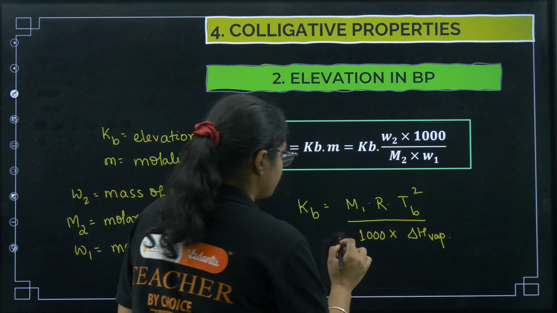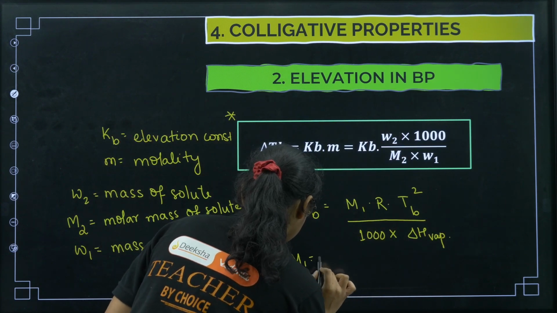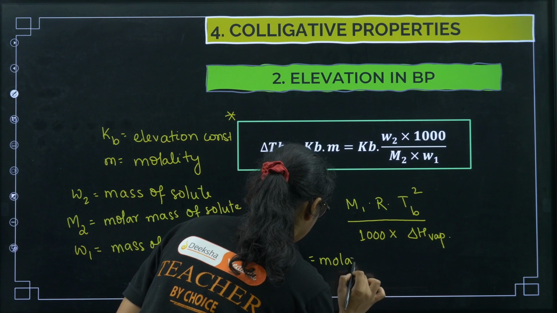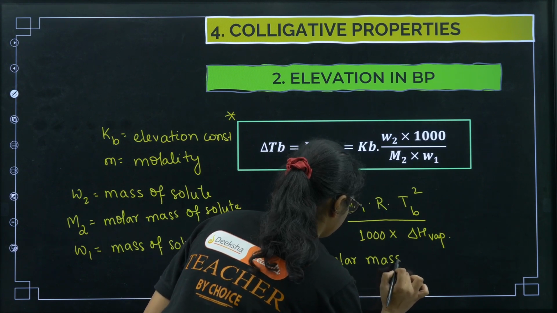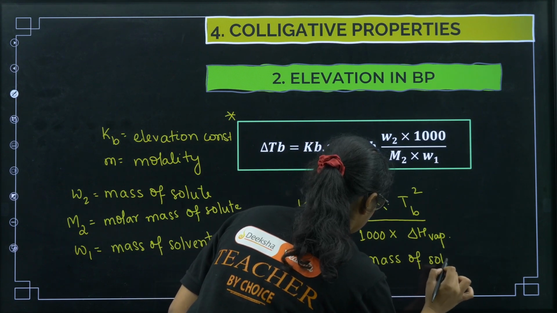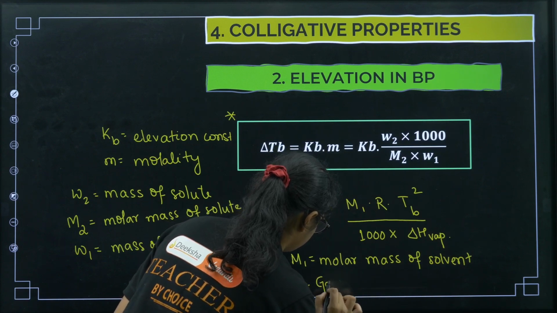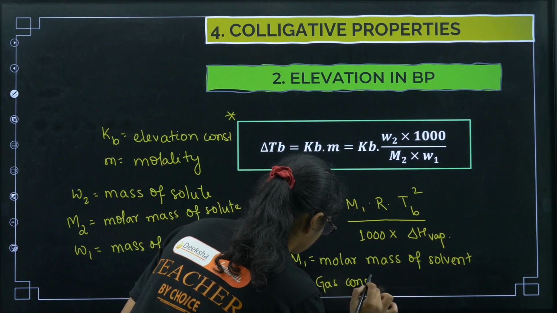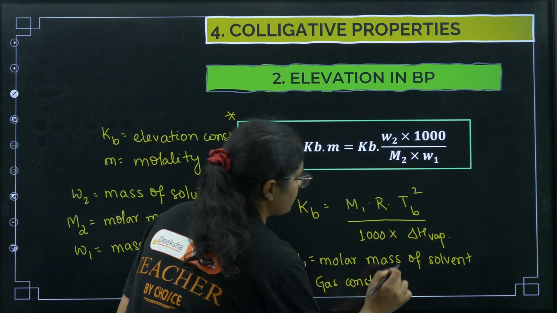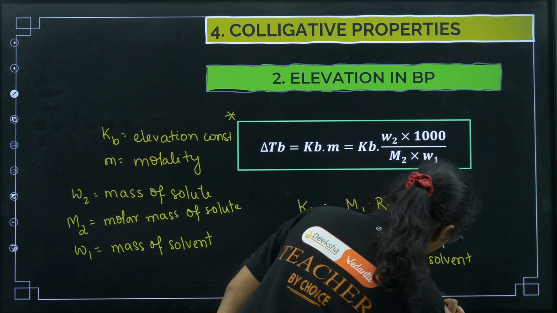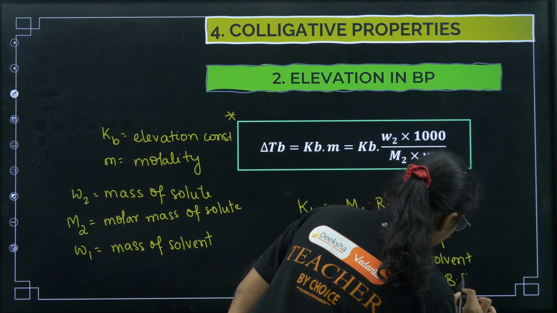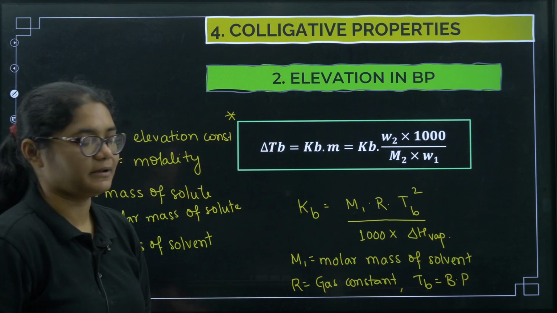So what is this M1 here? M1 is the molar mass of solvent. R all of you know, this is the gas constant. Then TB is the boiling point, and we have delta H of vaporization.